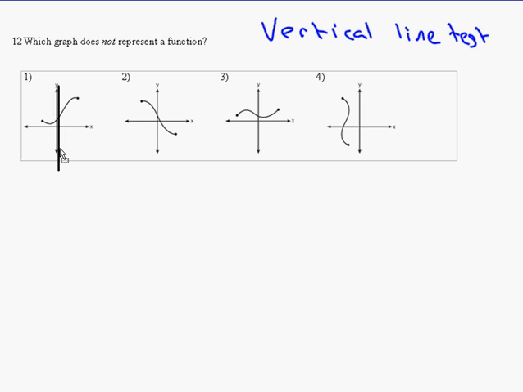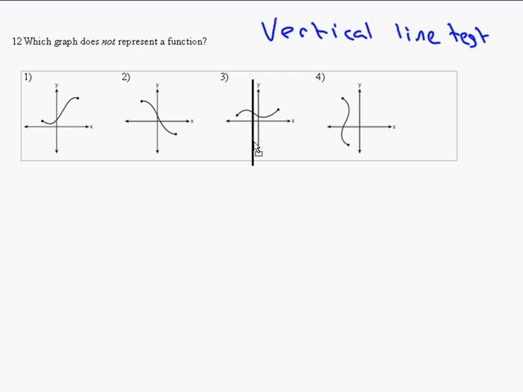So choice 1 is a function because it passes the vertical line test. Choice 2 is a function because it passes the vertical line test. The vertical line will cross only at one point anywhere on the graph.